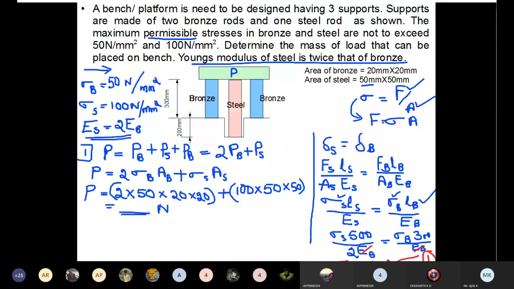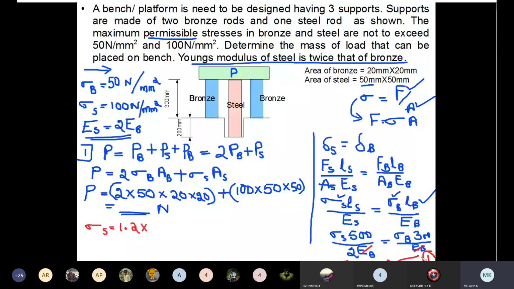After this, calculate what is sigma S. When you calculate sigma S, we'll write sigma S is equal to 1.2 times the maximum value of sigma B given here.